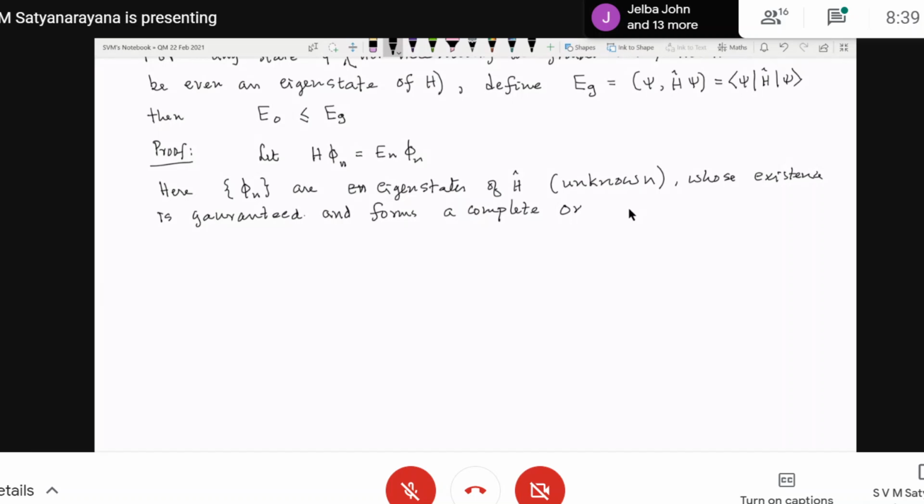This has an advantage. Suppose I give you a Hamiltonian. Let's say two of you choose two different functions. Let us say that one chooses psi and another chooses psi tilde.